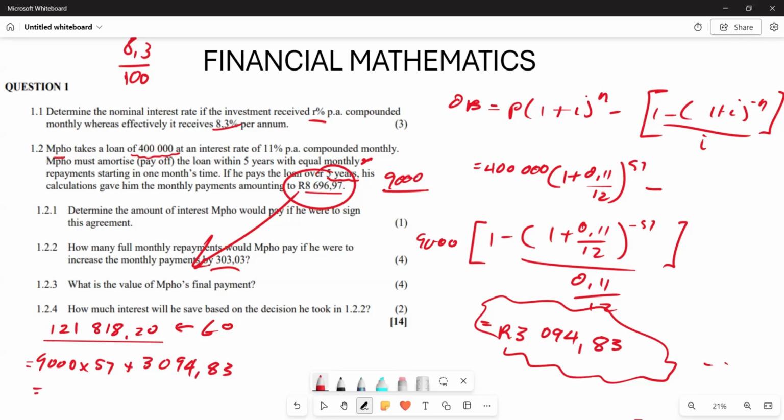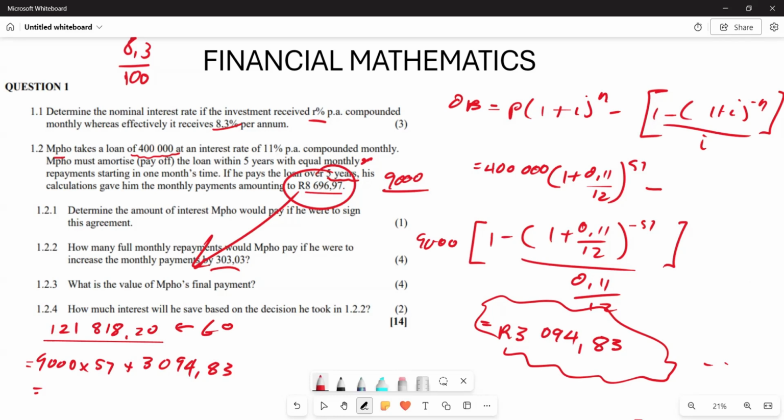What is the total amount of money that is going to be paid here? When you multiply 9,000 by 57, you get 513,000. Then you say 513,000 plus 3,094.83.